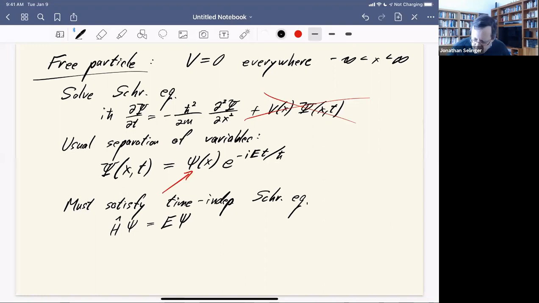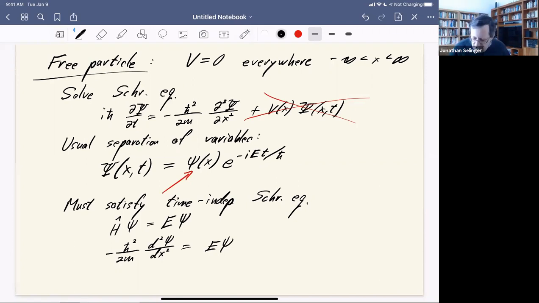The Hamiltonian here is just the kinetic energy. There's no potential energy part. So that's minus h bar squared over 2m times the second derivative of lowercase psi with respect to x has to be equal to the energy times psi.